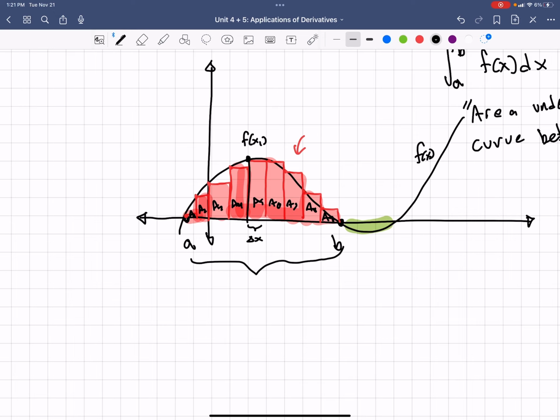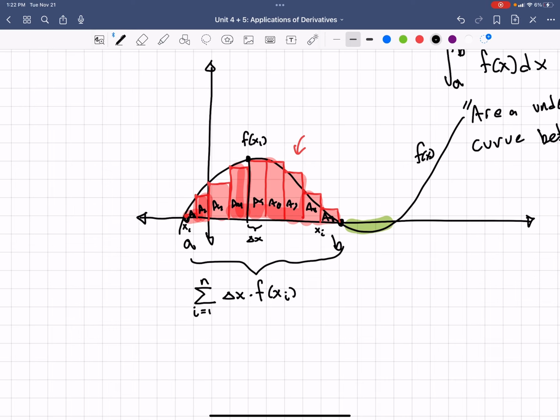We can write that whole thing as the summation from i equals 1 to n of delta x, right, because that's our base, times our height, f of x sub i. Okay?